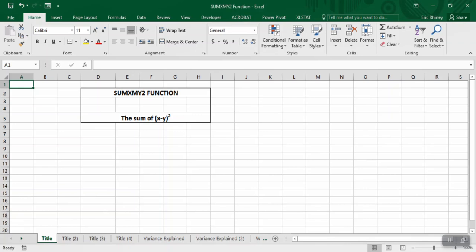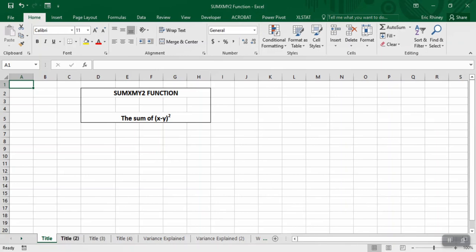The SUMXMY2 function is a really useful function, and what it does is take two arrays, take the difference of those and square them, and then sum that squared difference.